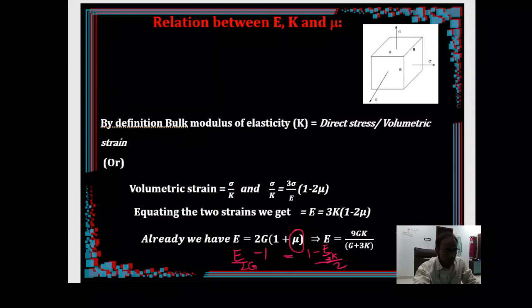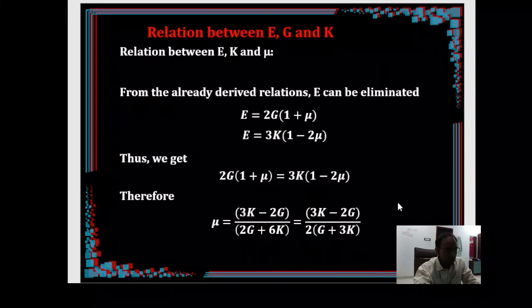Now, you can see there are no other terms here except E, K, G. Mu was just taken outside. So you can get the relationship. Then if you want the relation between E, K and mu, which we have already done.